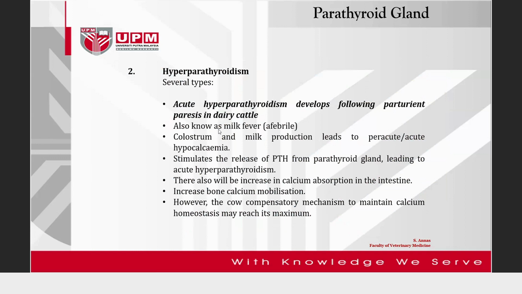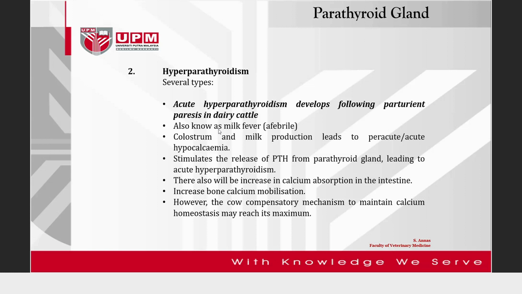In acute hyperparathyroidism that develops following parturient paralysis in the cow, this particular condition is also known as milk fever. But anyway, though it is called milk fever, it is actually an afebrile condition, meaning that there's no pyrexia, there's no fever.